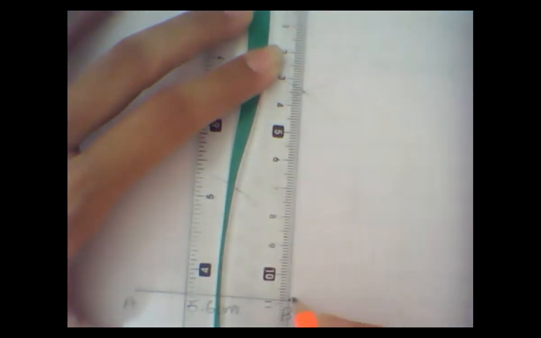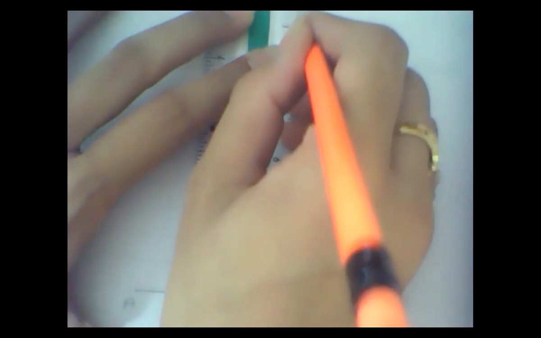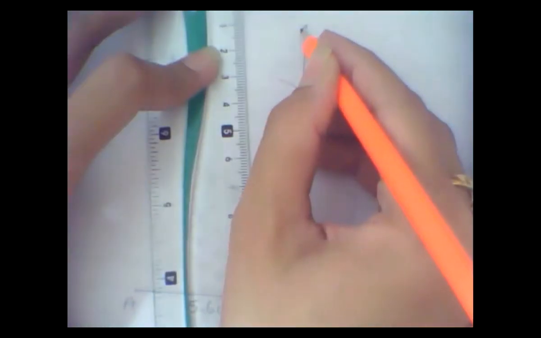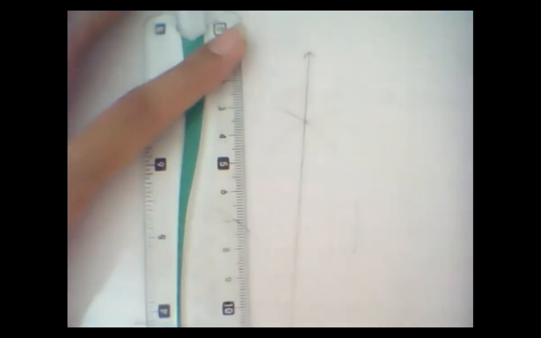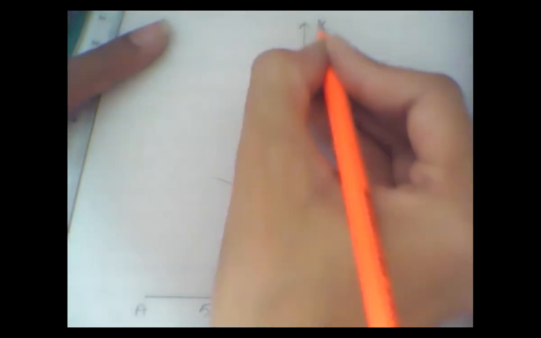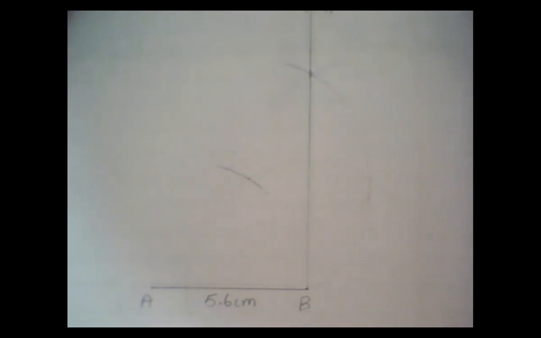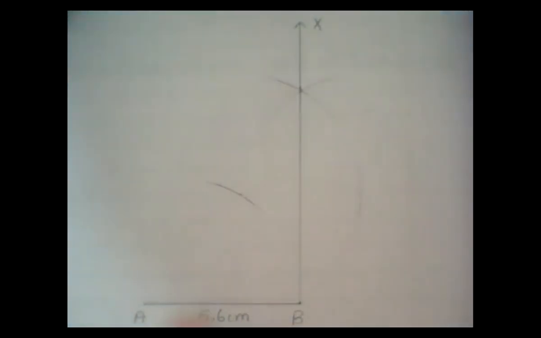We have to join B to this intersecting point and draw a perpendicular, and this perpendicular is called BX. It is a ray. What we have done is draw a perpendicular BX on AB.